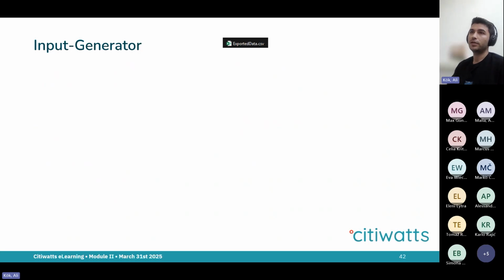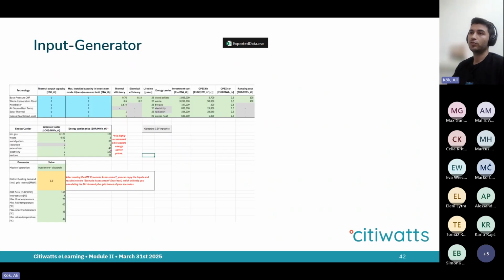So basically we have created an input generator to make life easier for you, because this model is very dependent on input parameters, and giving them one by one in the platform is time consuming. So you have this input generator sheet, it's shown in the screenshot, and basically you fill it in, and we also have some default data.